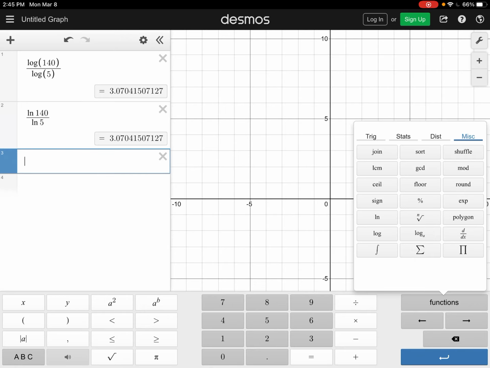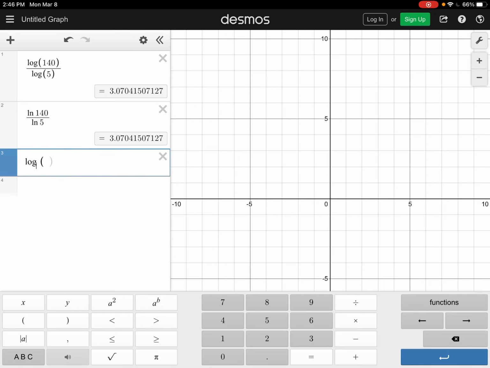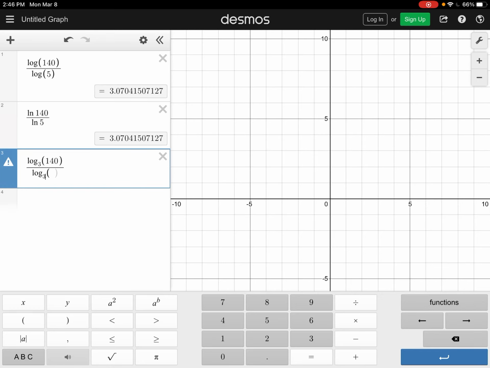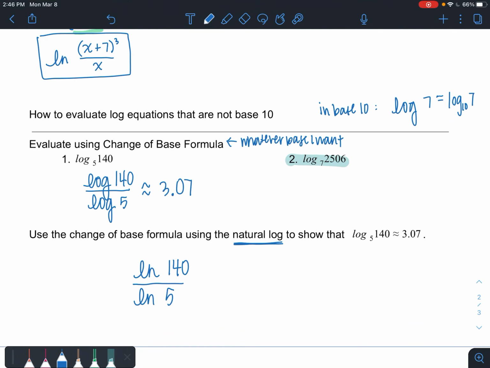And you could see that I could do, if I really wanted to, log base 3 of 140 over log base 3 of 5, and no matter what my base is, I'm going to get the same answer every single time.